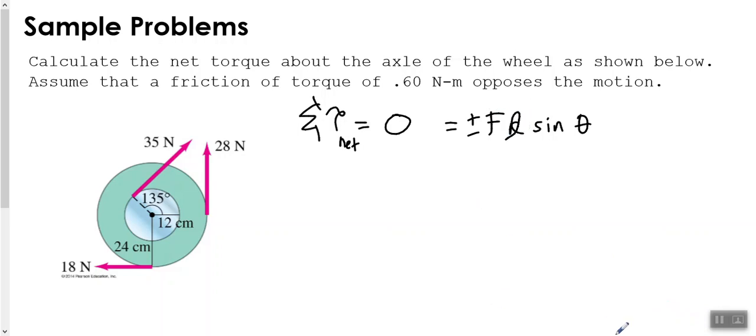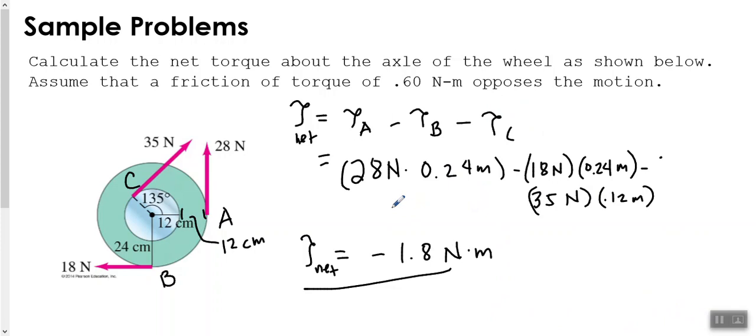Applying the concept of torque, each force should be oriented so that it's perpendicular to the lever arm, and we call counterclockwise torque positive. Due to this torque, this is the only thing that is positive. This one is perpendicular to the lever arm, so that gives us a negative value, and we have a torque that is negative 1.8. So assume that a friction torque of 0.6 Newton meter opposes the motion.